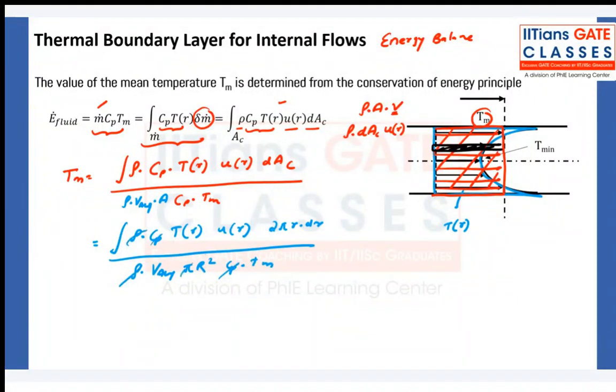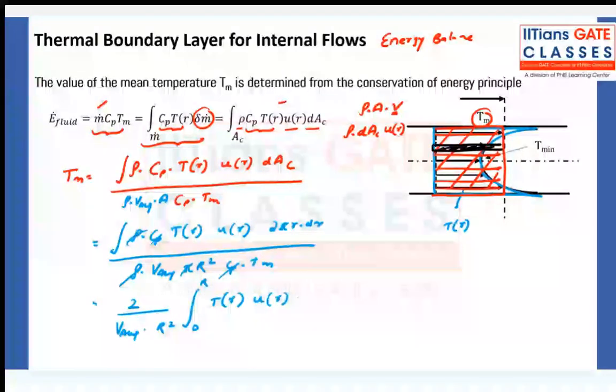And I will get 2 V average by R square, now it is changing from 0 to R, T(R) U(R) R dR. This R is still there: T(R) U(R) R dR.